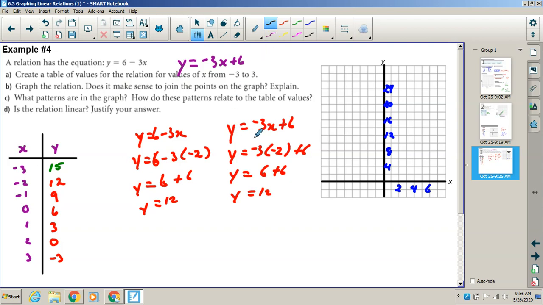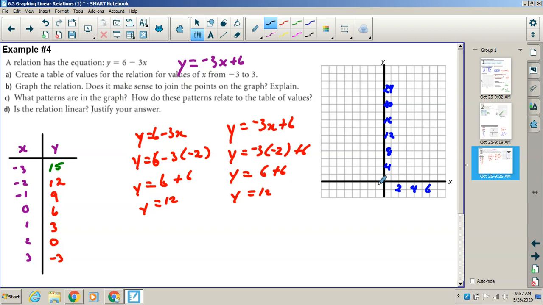And if I plot these ones, so negative 3 and positive 15. So here's negative 1, negative 2, negative 3, and then positive 15 would be, what is that, 16, so 15, so there's 14. So you're going to have to kind of estimate this one just a little bit.